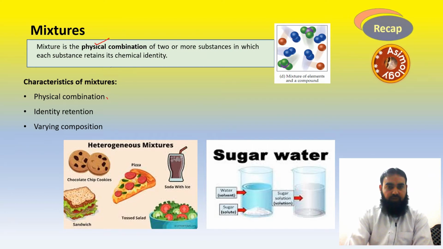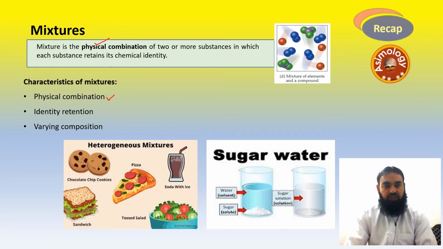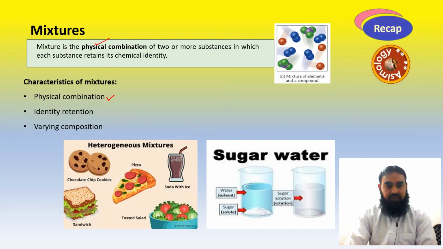A mixture has physical forces. Components in the mixture have physical attraction. There is no chemical change involved. So whenever there is no chemical change, the constituent components will retain their identity.